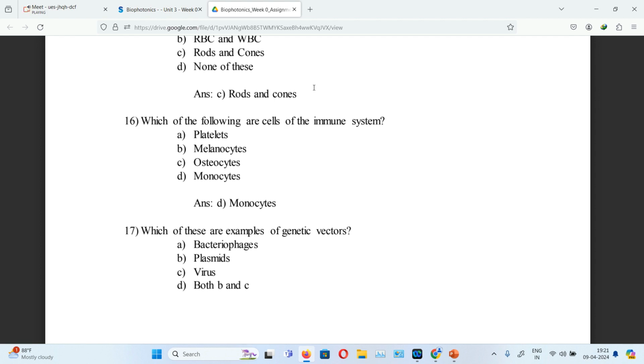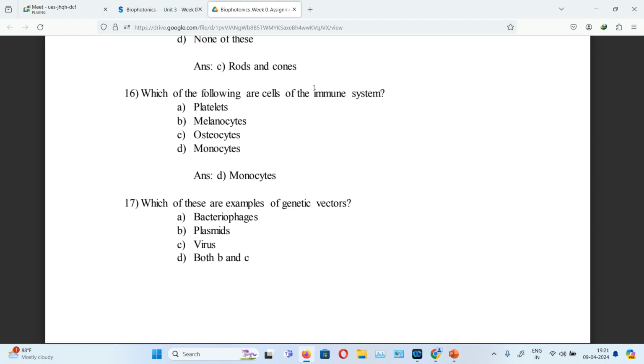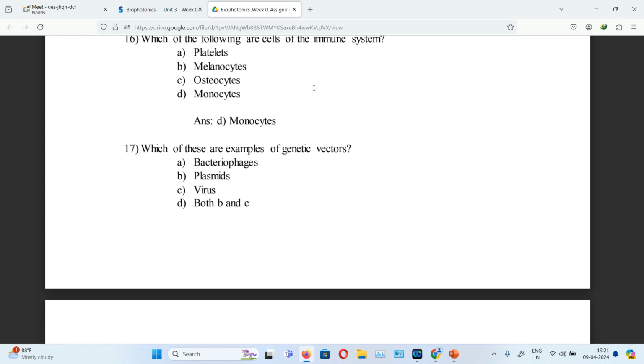Which of these are examples of genetic vectors? Genetic vectors are bacteriophages, plasmids, and viruses.